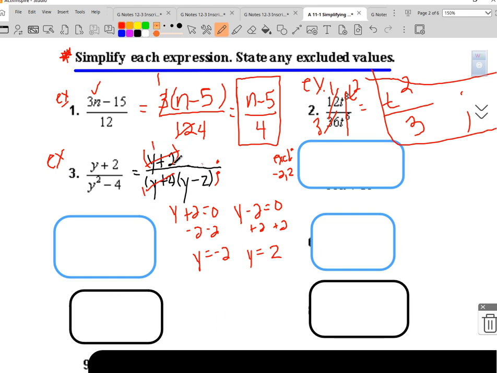We don't have anything else in the numerator, so our numerator is 1, divided by y minus 2, and we have to exclude negative 2 and positive 2. So you can't do the excluded values after you simplify; you have to do them before you simplify, because if we had not, we'd only have positive 2 here, right?